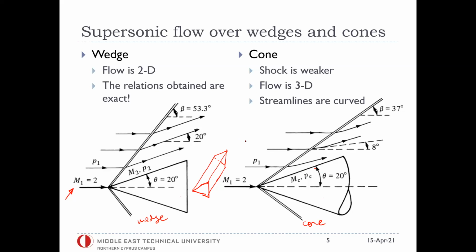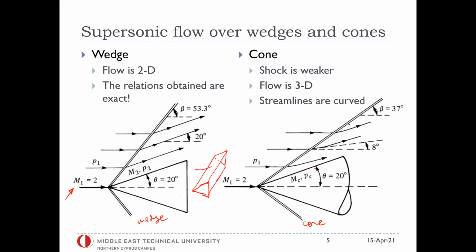So in the case of a wedge, given M1 and theta conditions, it creates a more or less two-dimensional flow. The streamlines are directed parallel to the surface at 20 degrees, and the corresponding beta angle can be determined from the theta-beta-M diagrams. So everything that we learned so far is valid.